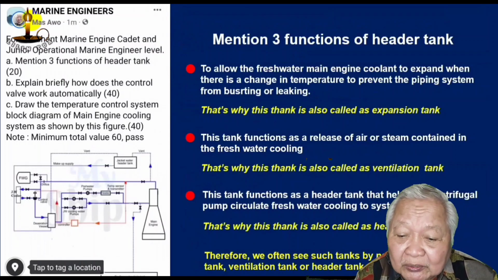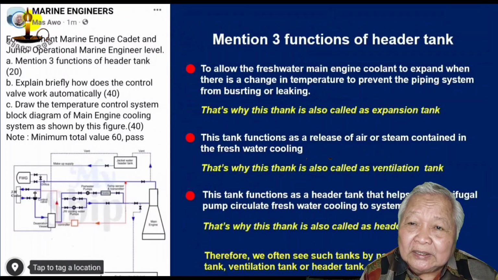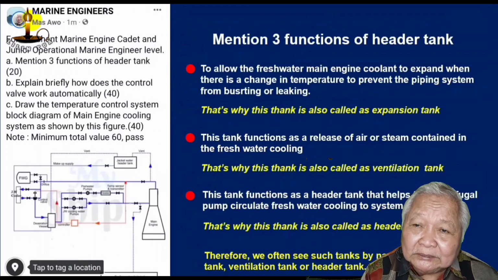Mention 3 functions of heater tank. This is question number 1, Alpha.